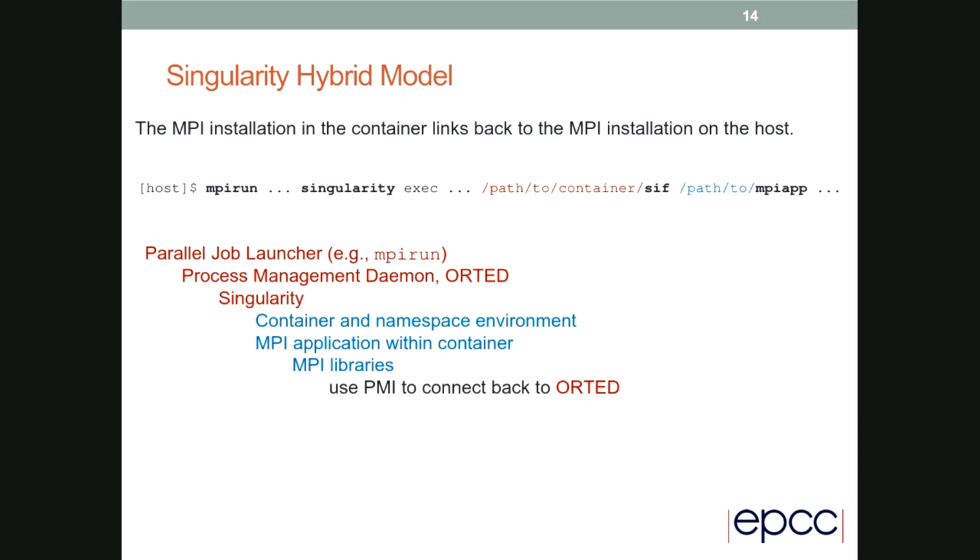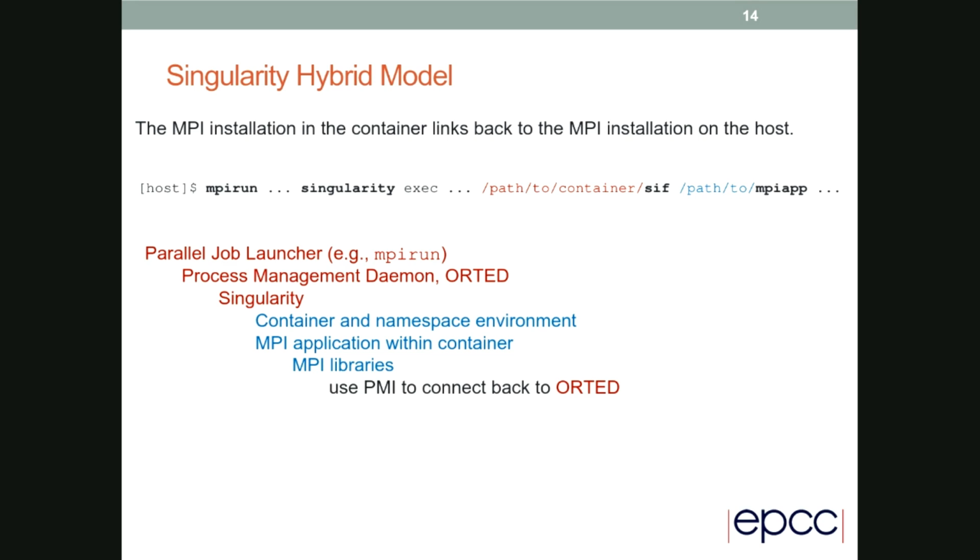So what you have when you launch the Singularity job via mpirun is that you end up with a set of nested runtime environments. mpirun will launch something called a management daemon, the Open Run-Time Environment daemon.